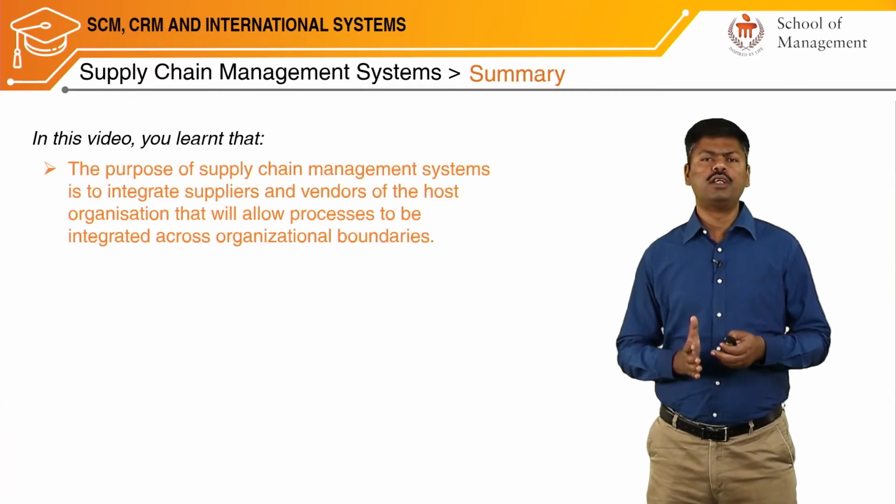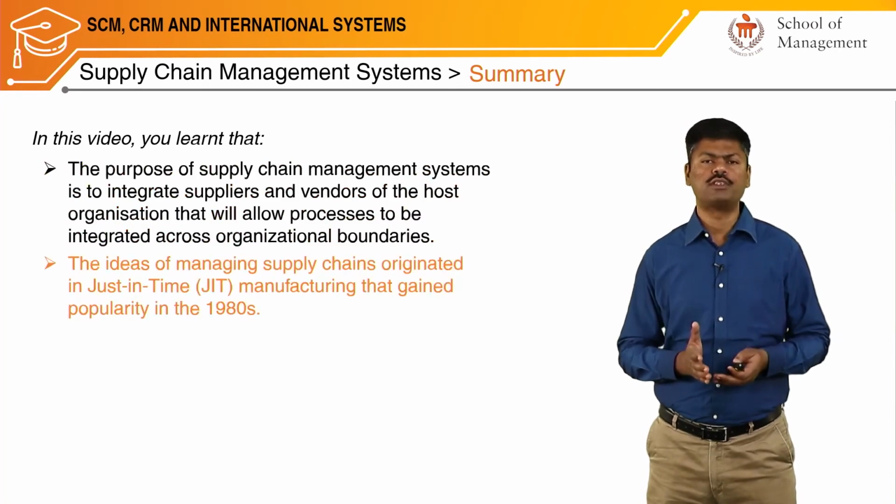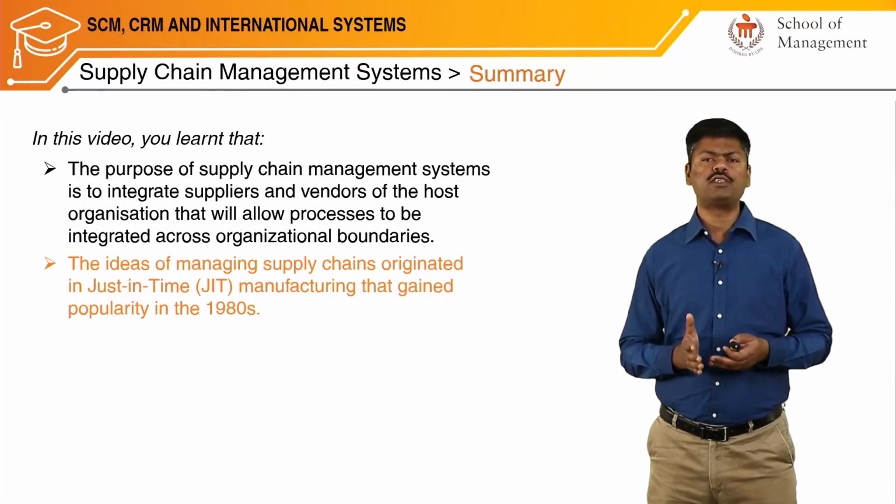So in this video, you learned that the purpose of supply chain management systems is to integrate suppliers and vendors of the host organization, which will allow processes to be integrated across organizational boundaries. The ideas of managing supply chains originated in just-in-time manufacturing that gained popularity in the 1980s.